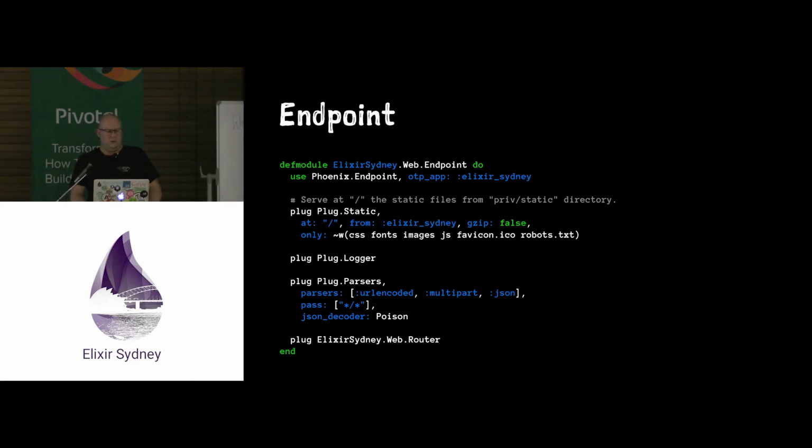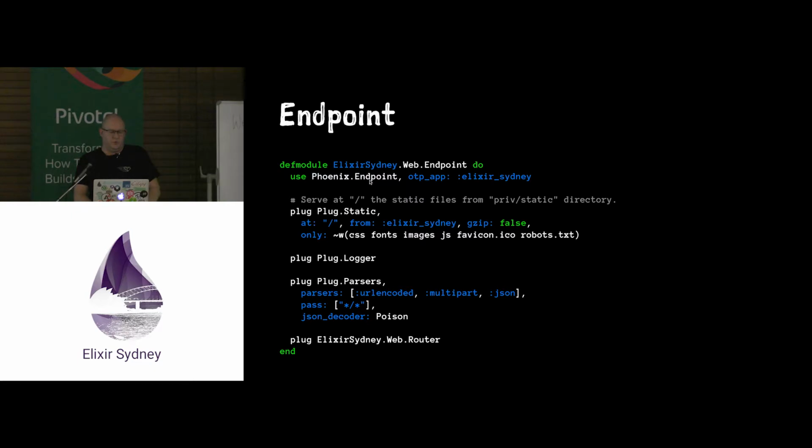So off we go. Kind of the entry point of any Phoenix application is the endpoint. Anyway, that's the thing that's mounted as your web application. And plug con is being dragged in here somewhere, most likely.